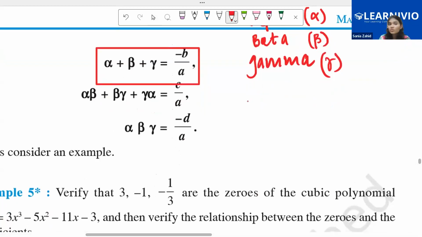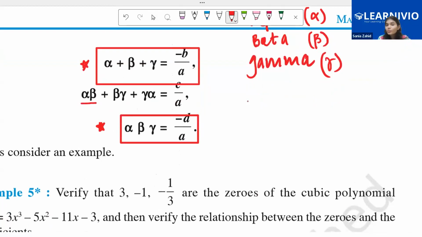This is the formula for the sum of the zeros, and this is the formula for the product of the zeros. We have one more thing now, which is alpha into beta, beta into gamma, and gamma into alpha. That means we are multiplying them in the various combinations possible and then finding the sum of them. So we have c by a for it. So we have these three formulas which are important.